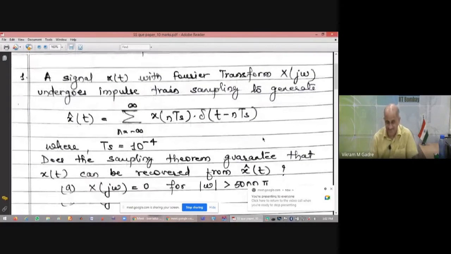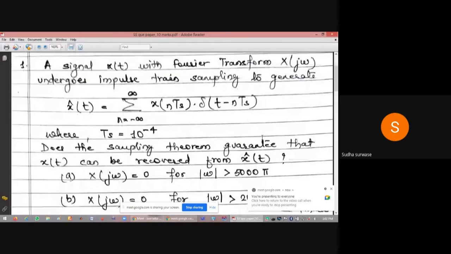So this is the first question. A signal x of t with the Fourier transform x of j omega undergoes impulse train sampling to generate x cap of t, which is equal to the summation n running from minus infinity to plus infinity of x of nTs into delta of t minus nTs, where Ts is given as 10 raised to minus 4.